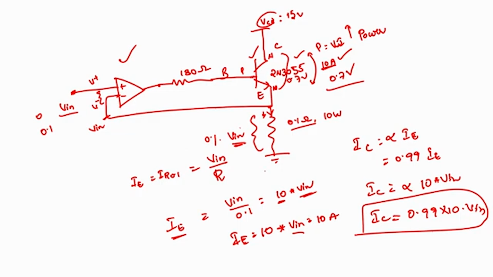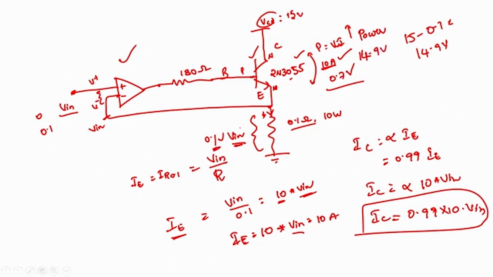But in this case, the voltage drop across the resistor is 0.1 volts. So 15 minus 0.1 is nothing but 14.9 volts. So what is happening to the 14.9 volts? As we know, energy can neither be created nor destroyed. Because of that, out of 15 we got only 0.1 volt here, so the remaining 14.9 volts will be the drop across the transistor.